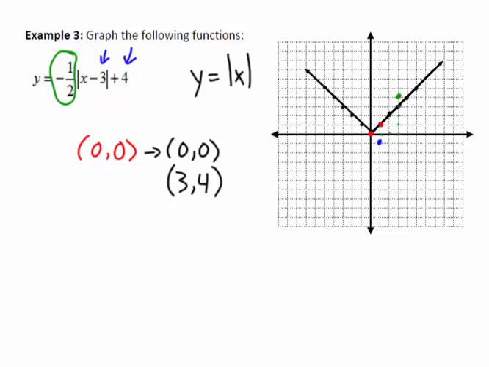So instead of being at -1 in the y, it's up a little bit at -1/2. Now from this point we can move it 3 to the right, 1, 2, 3, and up 4, 1, 2, 3, 4. And here is our new transformed coordinate, our new point on our transformed graph.